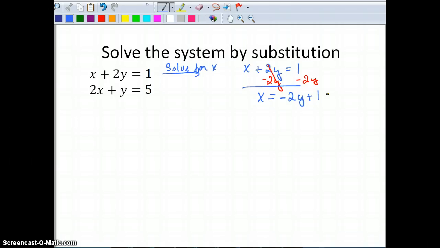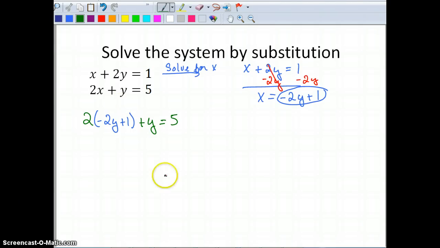Now I need to substitute. Everywhere I have x, I'm going to plug in negative 2y plus 1. So now I have 2 times, there's my x, so I'm putting in negative 2y plus 1, plus y is equal to 5 because I have to put in the rest of my equation.